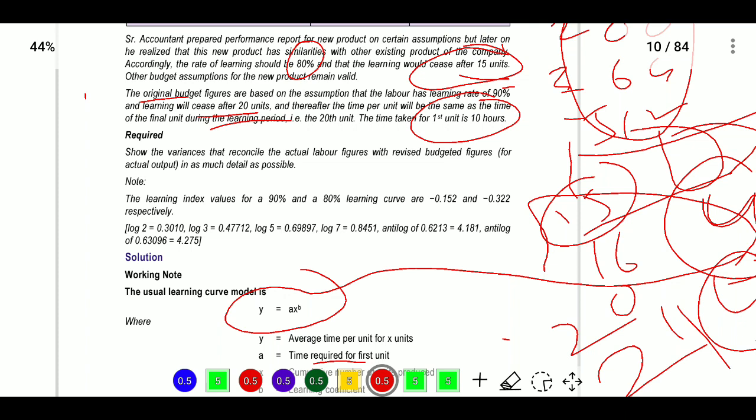Up to 14 we have already produced. So a means 10 hours into x, and after 15, up to 14 we have already produced. After 15 means we will take 15 minus what was provided, minus 0.322.